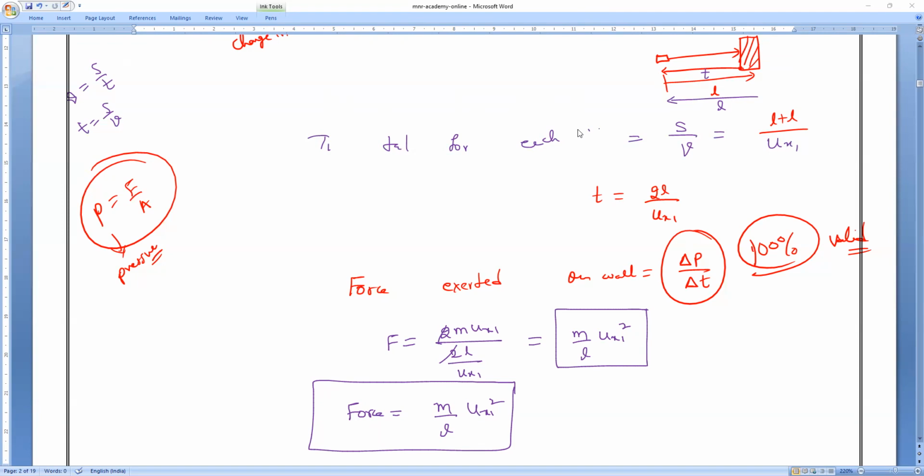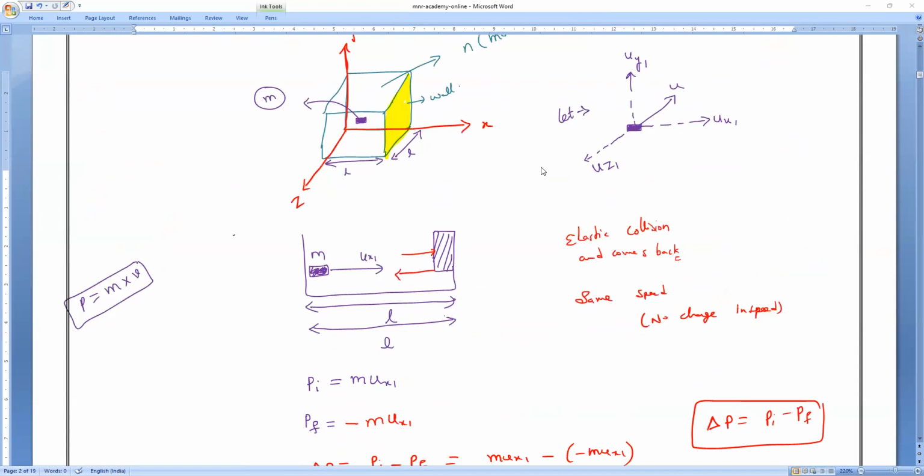Any problem? Understand? Everybody? Yes, sir. I'll come from the first. Solve neatly. See, understanding the concept is very important. Then only you can challenge any kind of competition questions.